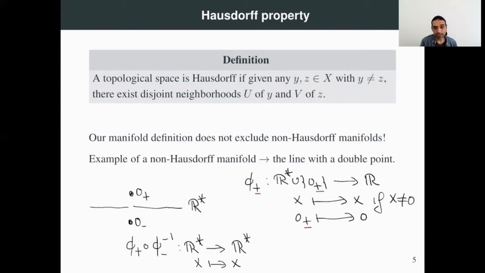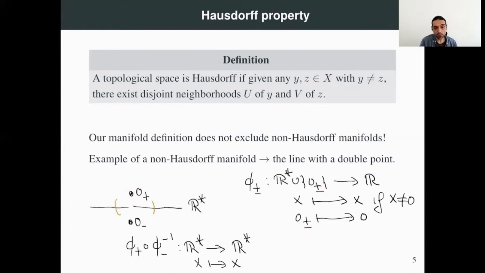And clearly, this space is not Hausdorff, because if we want to consider now a neighborhood of 0+ in this line with a double point, the way to do it is using this local chart, and it's going to be the preimage of a neighborhood of 0. So in particular, a neighborhood of the point 0+ is going to contain regular points.